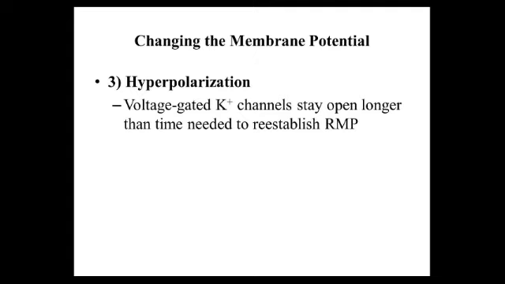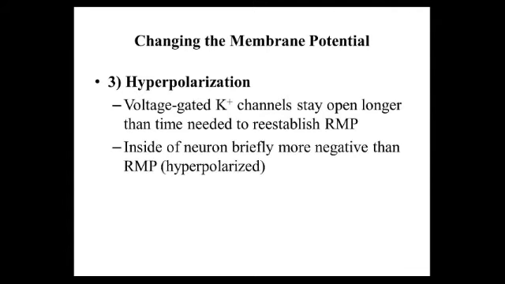Because they stay open a little bit too long, and we're losing cations from the inside of the cell, it's going to become a little bit too negative. It's going to go to minus 70, but then keep right on going, say to minus 80. So that's a hyperpolarization.